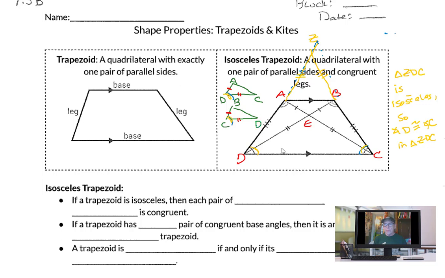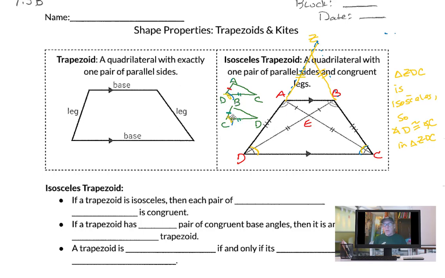If I look at these small triangles, then using this base as a side, and we've got those congruent angles from the isosceles triangle, and then these two lengths here are going to be congruent because of the A and B being the midpoint of DZ and CZ. That gives us a congruent side.